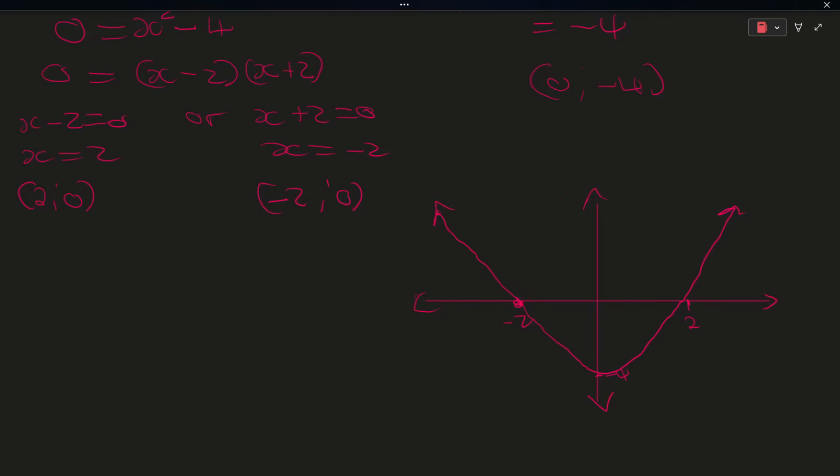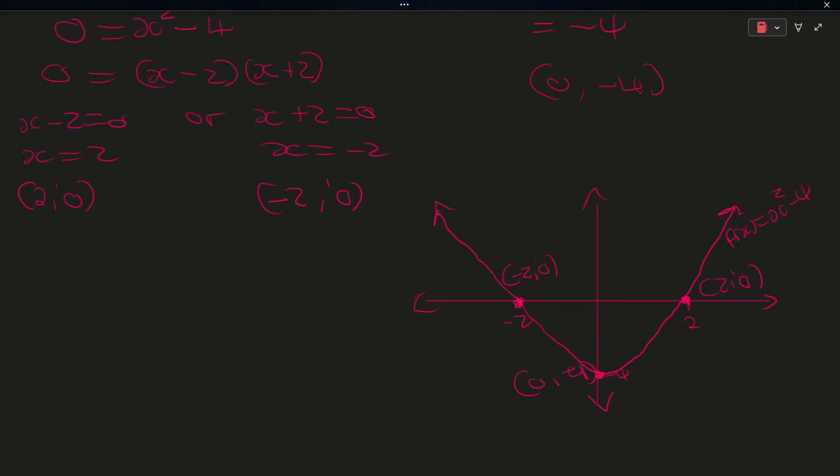Here, you will show that this point is (minus 2, 0). Here, you will also show that this point is (2, 0). Also, this point is (0, minus 4). Then here you will write this graph: f(x) equals x squared minus 4.